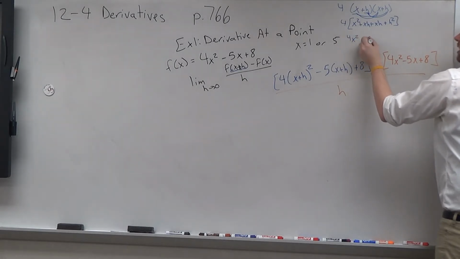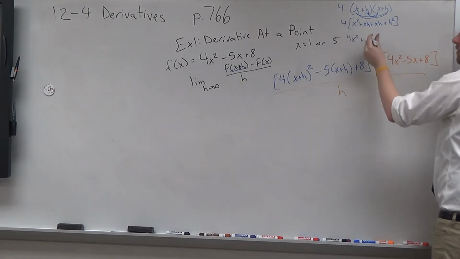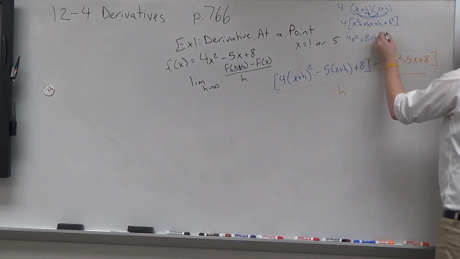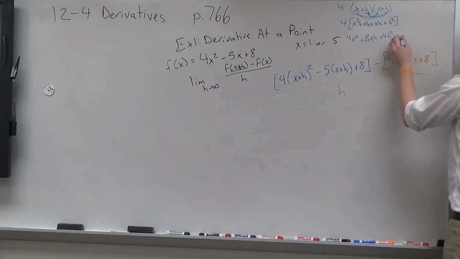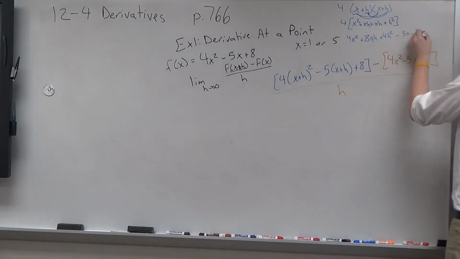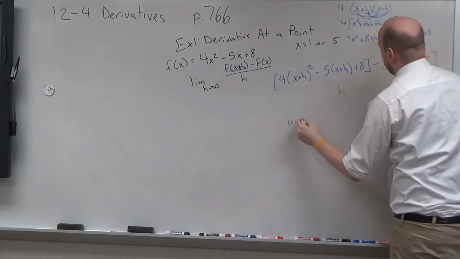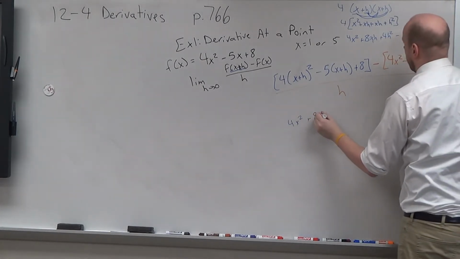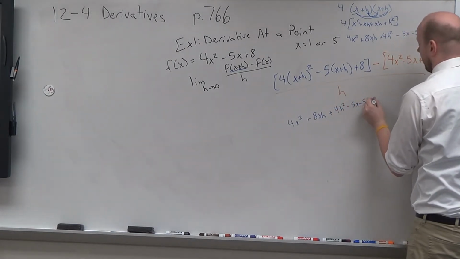So 4x squared plus 2xh times 4, so 8xh, plus 4h squared. And then I distribute my 5, so I get minus 5x minus 5h. I still have my plus 8. So I have 4x squared plus 8xh plus 4h squared minus 5x minus 5h plus 8.